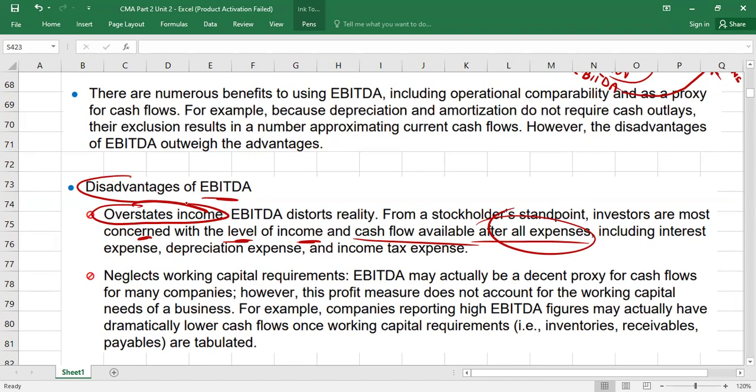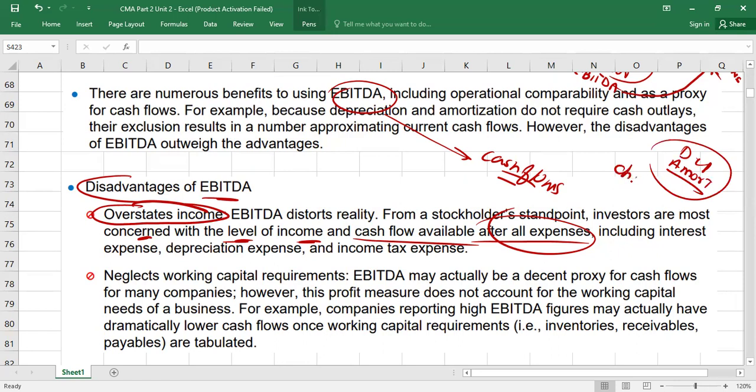What is the second drawback? As I said before, EBITDA is the proxy for cash flows. But if you think about the statement of cash flows in reality, there we don't just reverse depreciation and amortization. We also include other things under operating activities, such as changes in working capital, like changes in current assets and current liabilities.